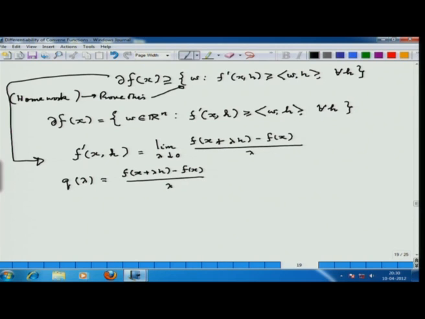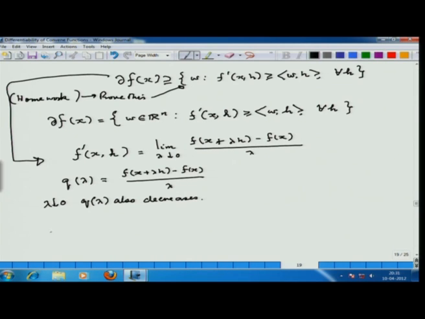Now, as a function of lambda, as lambda goes to 0, q lambda also decreases. And then the limit of q lambda should be the lower bound of q lambda as lambda goes to 0.